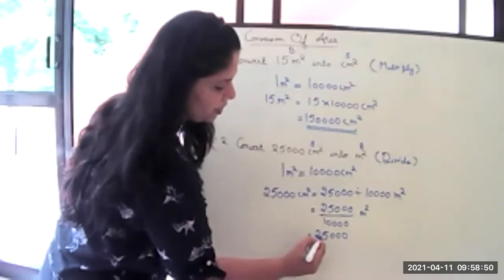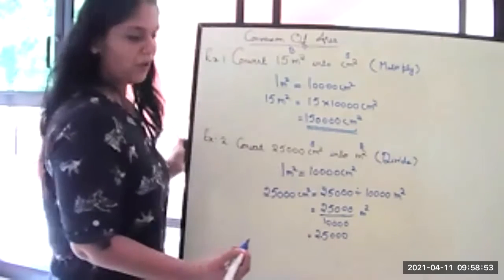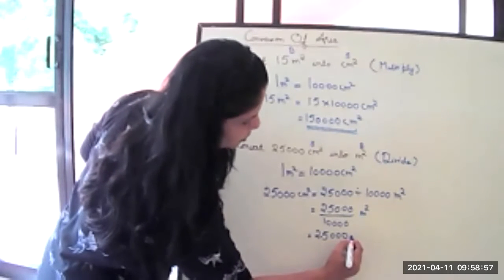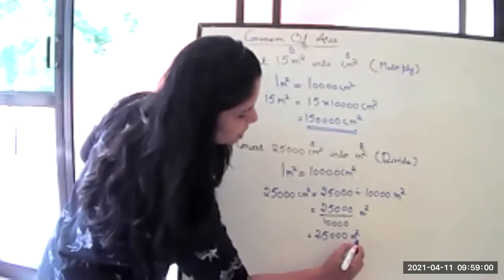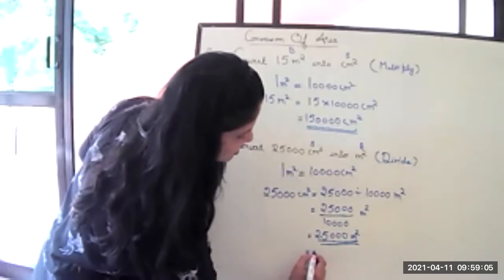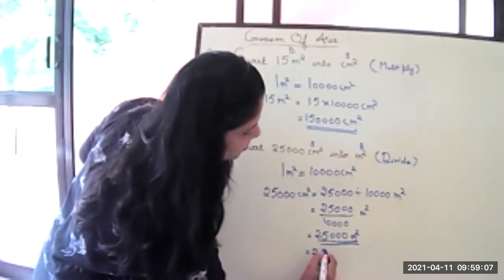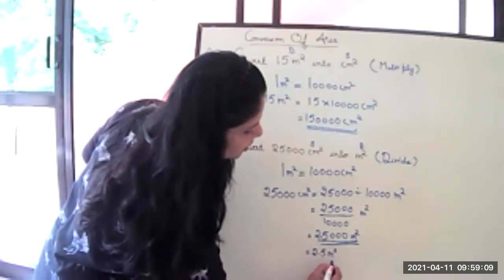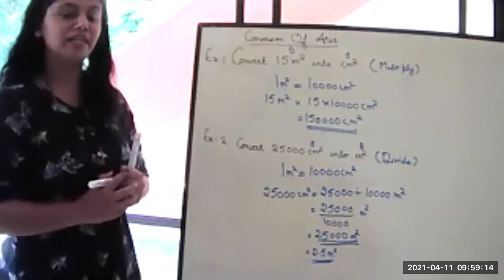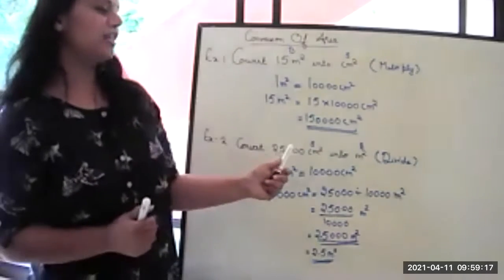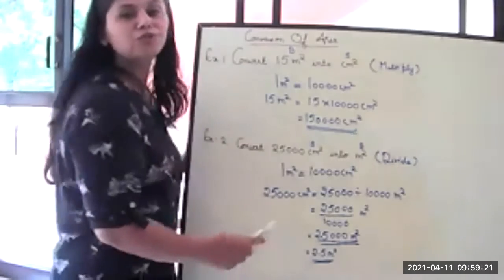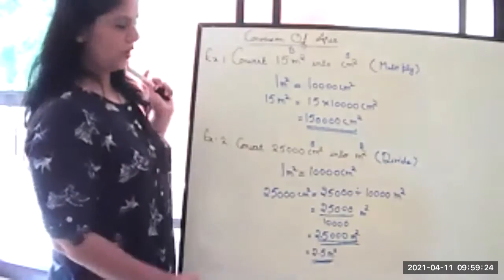Then what you have to do? You have to put a decimal point. So this will be your answer. The unit is meter square. So I can rewrite it as 2.5 meter square. So the final answer should be 2.5 meter square. So 25,000 centimeter square is equal to 2.5 meter square.